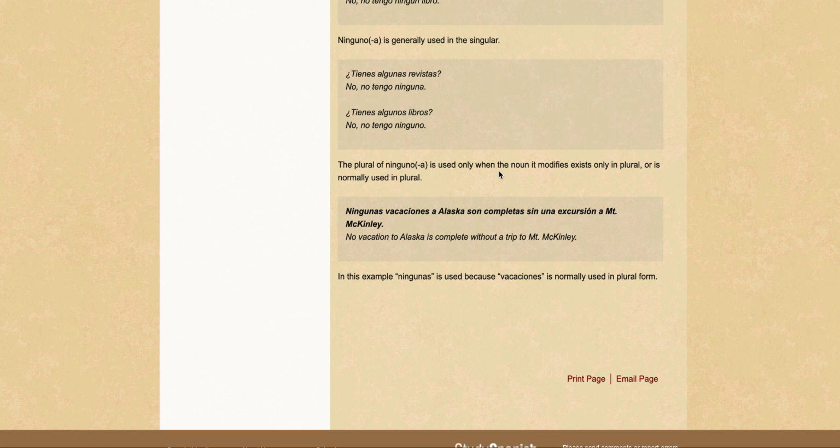The plural of ninguno is used only when the noun it modifies exists only in plural or is normally used in plural. So notice that when you're talking about libros, revistas, both are plural, but they also exist in the singular form.